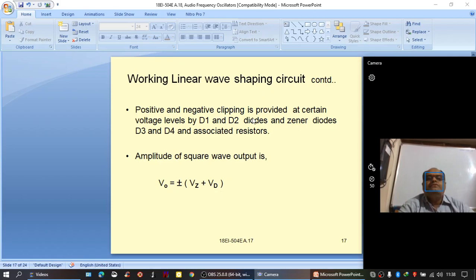Positive and negative clipping is provided at certain voltage levels by D1 and D2 diodes and Zener diodes D3 and D4 and associated resistors. The amplitude of the square wave output is plus or minus Vz plus Vd. As I told already, it would be either plus of Vz plus Vd or minus of Vz plus Vd.